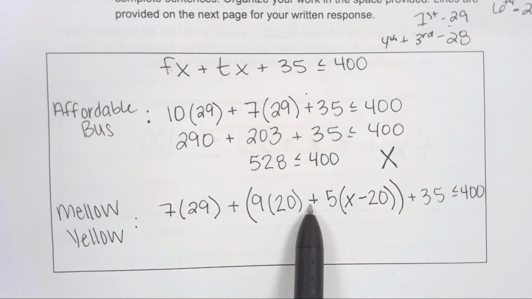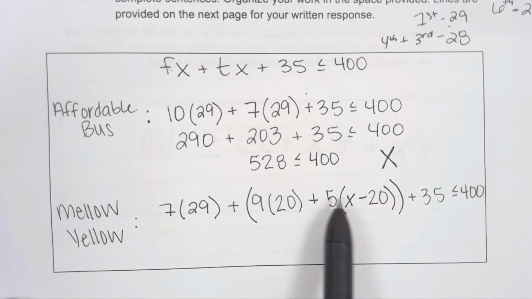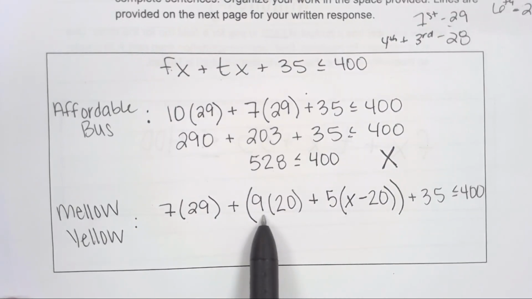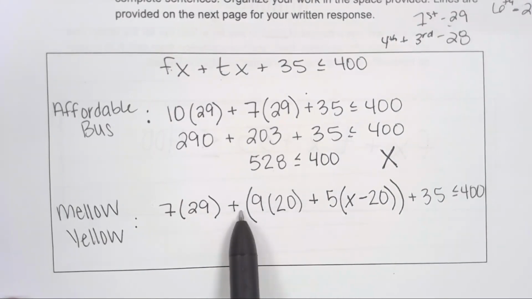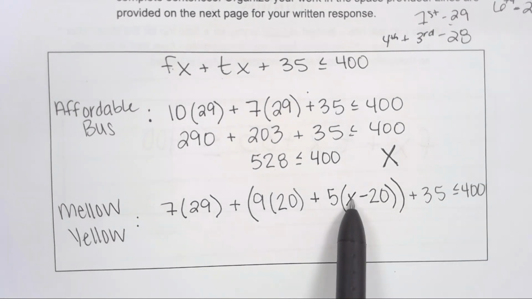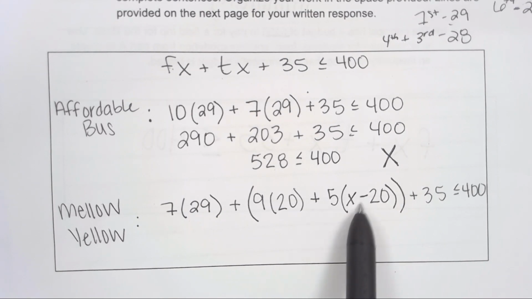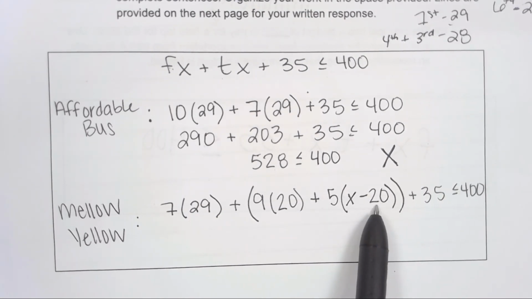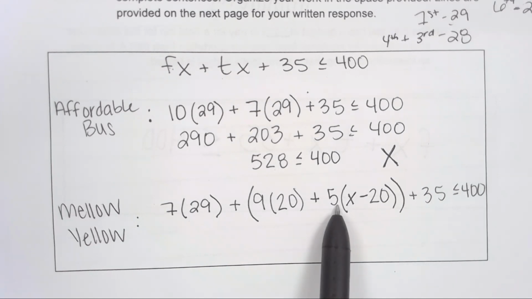But then after that, it's going to be $5 for each additional student, but you still have to subtract the 20 since you already accounted for those 20 students here with the $9. So I still have my variable x here because I still have to account for those extra 9 students in first period that would get my 5.